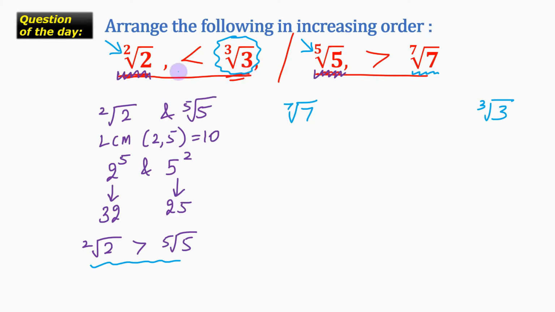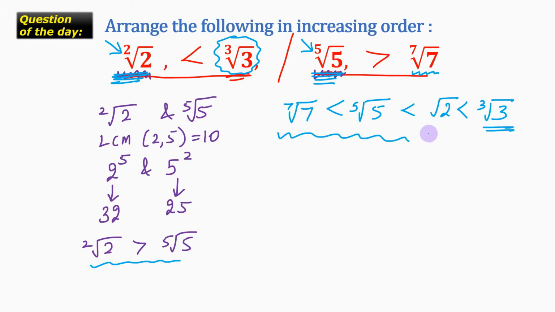So seventh root of 7 is less than fifth root of 5, which is less than square root of 2, which is less than cube root of 3, and this, my friends, is the increasing order of these 4 terms.